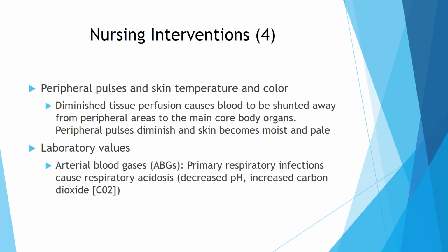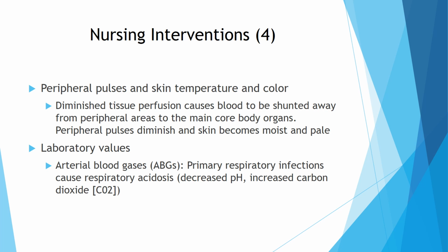So diminished tissue perfusion will cause the blood to be shunted away from peripheral areas to the main core body organs. So this means that the extremities, arms and legs, will be a little cooler. They're going to be a little paler because the body is trying to protect itself, and all the blood available and all the oxygen available is going to go to the main core body organs.